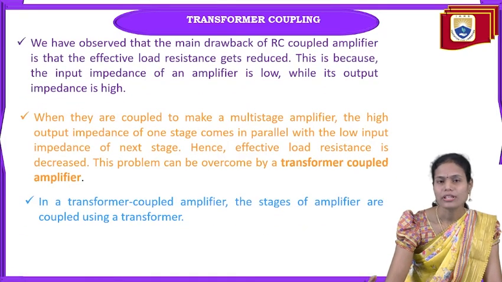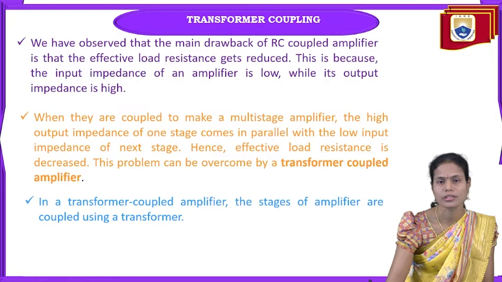Actually, why are we moving to this transformer coupled amplifier? In the case of RC coupled amplifier, we observe that the drawback is the effective load resistance problem. That is, the effective load resistance is reducing here. Because of that, the input impedance of the amplifier is becoming low as well as the output impedance is becoming high.